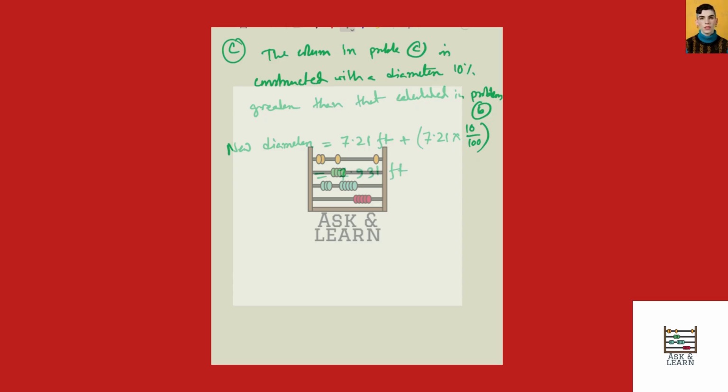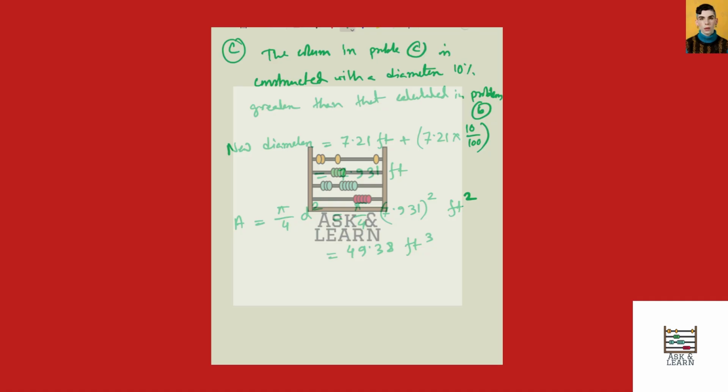Then the new diameter is 7.931 feet. Then we can calculate the area of the column, which is 49.38 feet square.